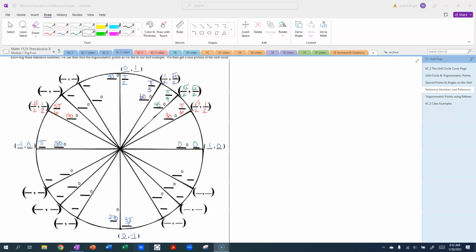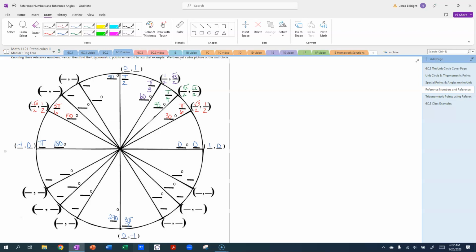And now I'm color coding this because it all coordinates together. So for instance, the 30 or the 150 is in red because we found that the reference number for that angle was pi over 6, which was our red angle.